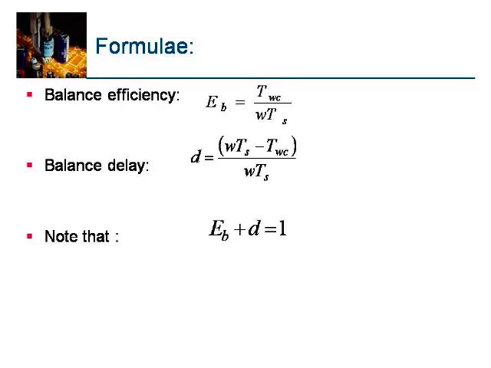And balance efficiency is EB equal to TWC divided by W into TS, and balance delay is D equal to (W TS minus TWC) divided by W into TS. Note that EB plus D should be equal to 100%.